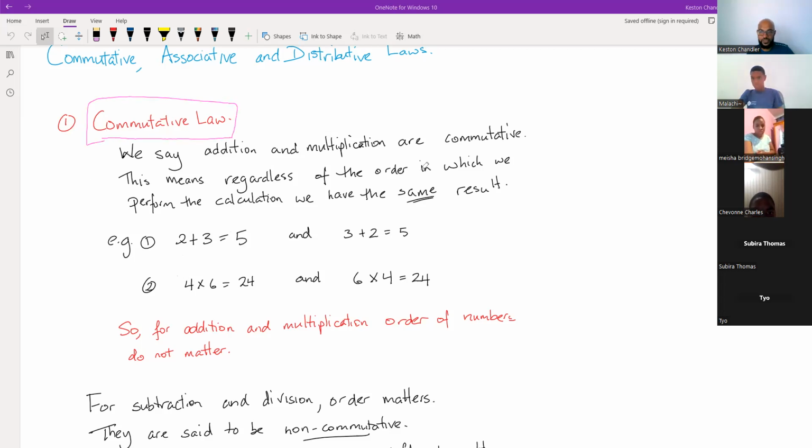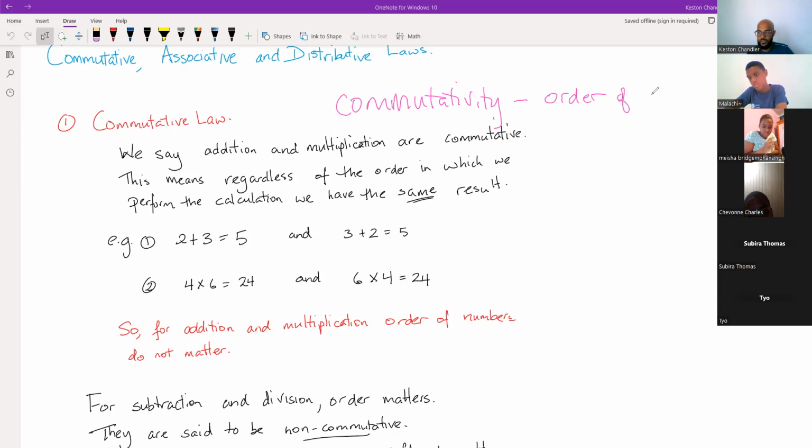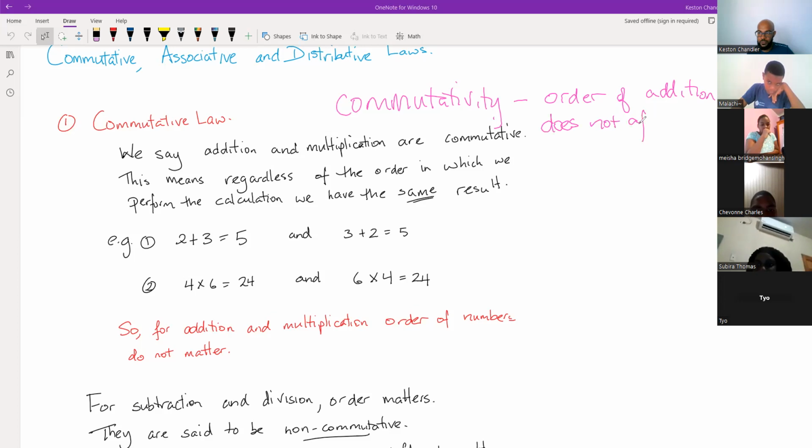Or the adjective to describe that is what we call commutativity, right? Order of addition/multiplication does not affect the answer.